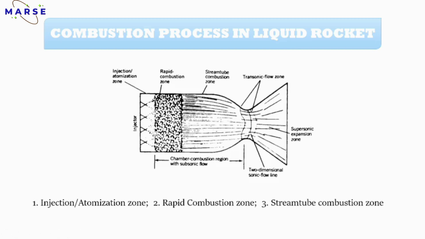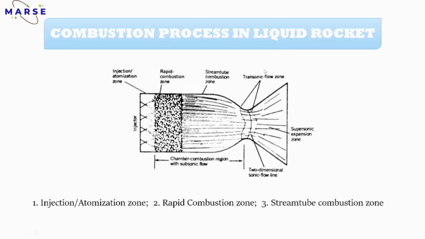Got it? And here you can see the transonic flow zone. What is meant by transonic flow zone? I think you are familiar with these terms, like subsonic, transonic, supersonic, hypersonic. Transonic means the Mach number range is between 0.8 and 1.2.